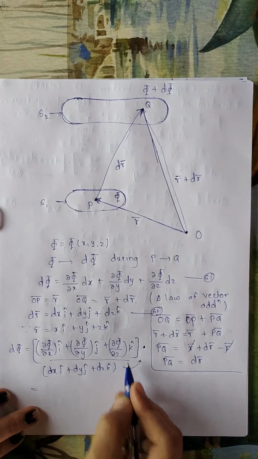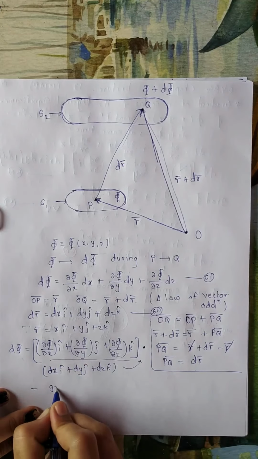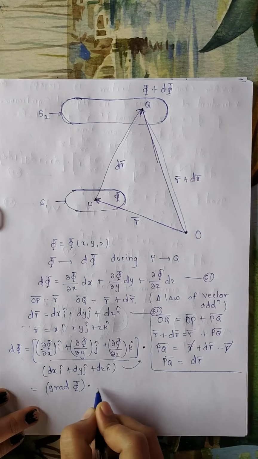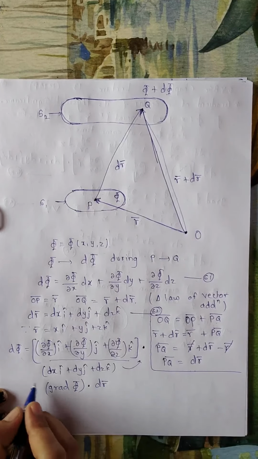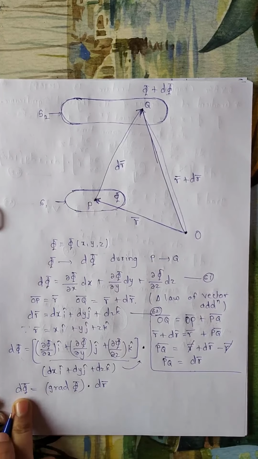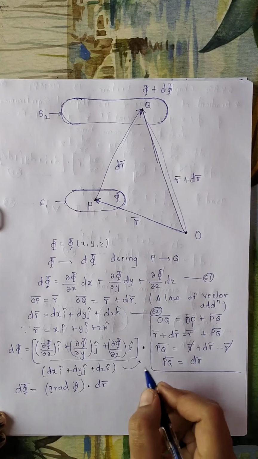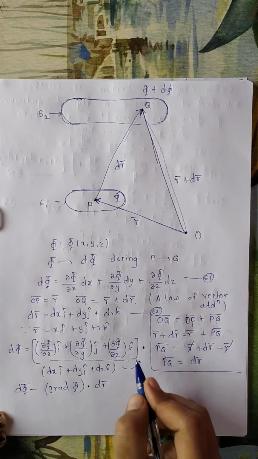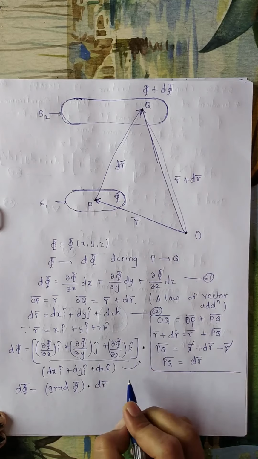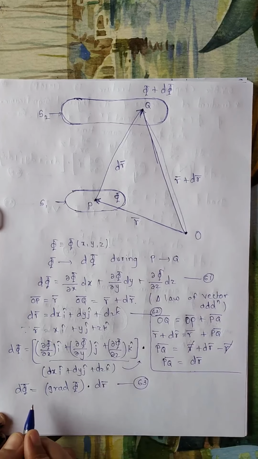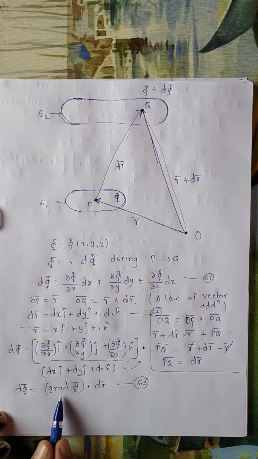This is nothing but the gradient of phi, and it is dotted with the derivative of r bar, that is dr bar, which is nothing but our total differential d phi. Let's call this equation number 63, where this gradient phi is also called del phi.